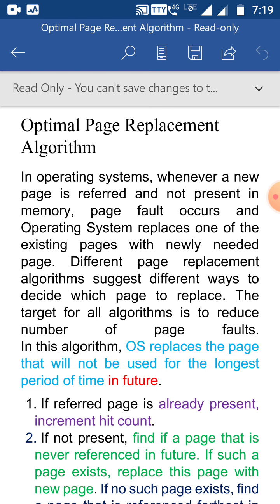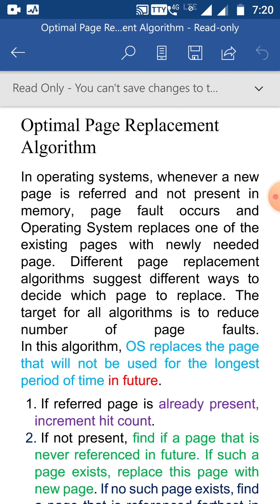But the algorithm is least recently used. Least means the page which was residing in random access memory for the longest period of time without being involved in execution is going to be replaced. That is the least recently used algorithm.